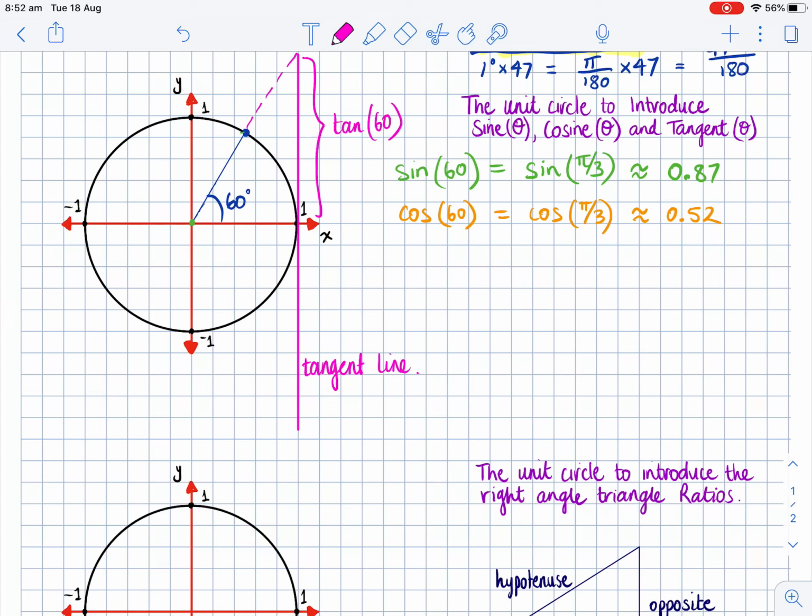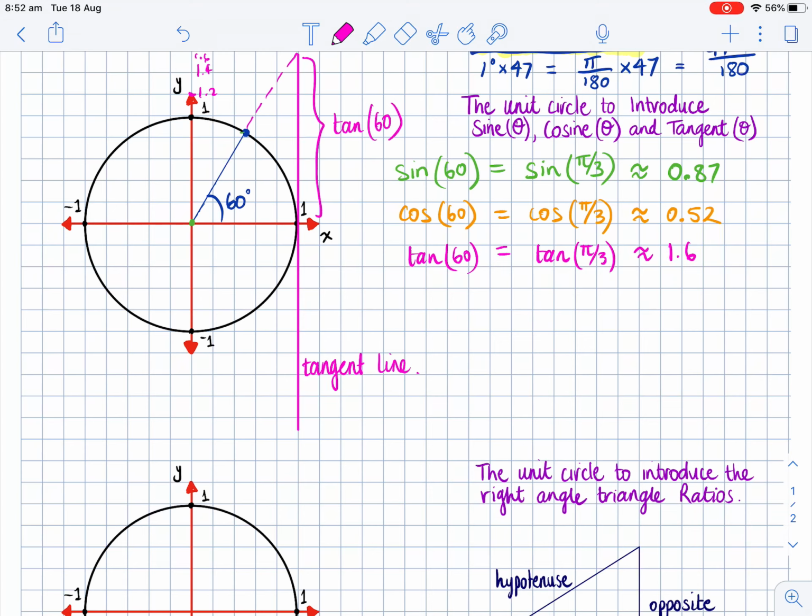If that's 1, then tan of 60 degrees is going to be roughly 1.2, 1.4, 1.6. So I'm going to say tan of 60 degrees, the same as tan of pi on 3, is approximately 1.6.